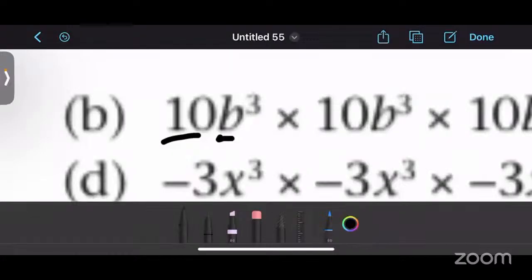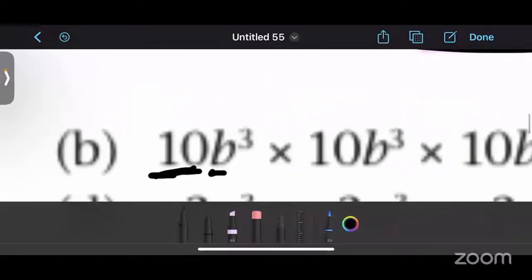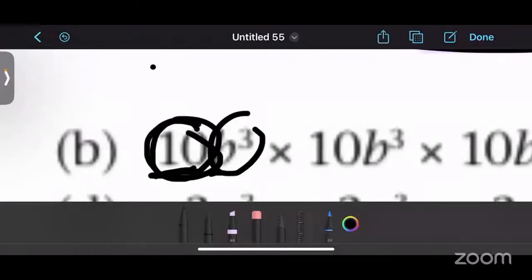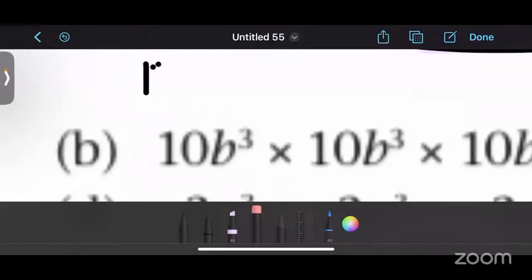Now I'm going to ask you, what is the exponent of 10? What is the power? Not b, but 10.